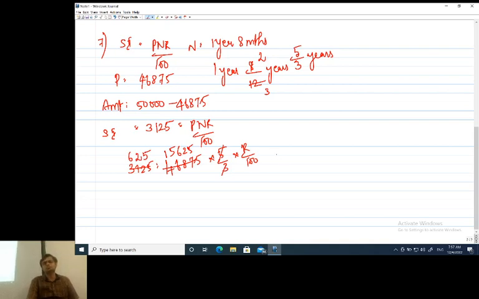What is the value? R by 100, and the 100 comes on the other side as multiplication. 4%, correct, 4% per annum.